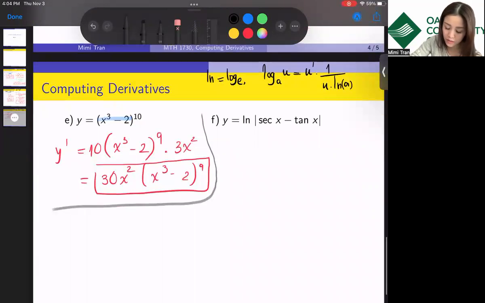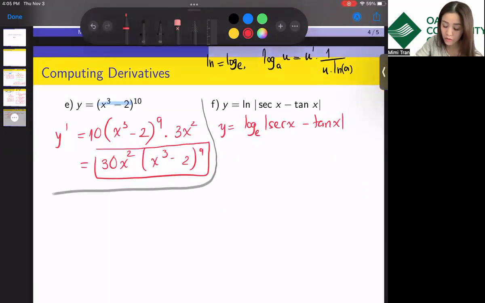Okay, so let's do this. Here I'm going to rewrite it like y equals log base e of secant x minus tangent x. It's absolute value because log cannot take negative input. Then u prime, remember u is this part right here. That's u, right?